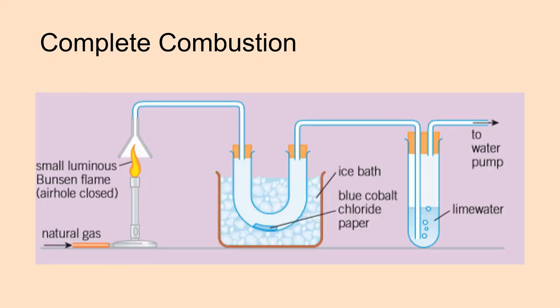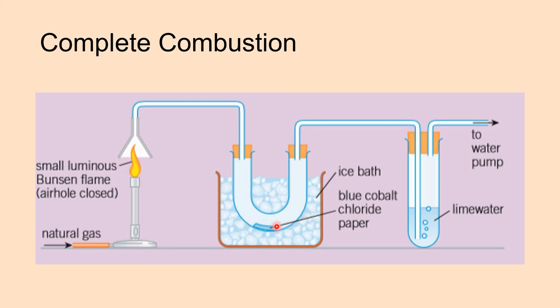Okay, so here is an experiment that helps us to prove that both carbon dioxide and water are produced during the combustion of a crude oil fraction. So the ice bath here causes the condensation of the water vapour that is produced here when the natural gas is combusted.